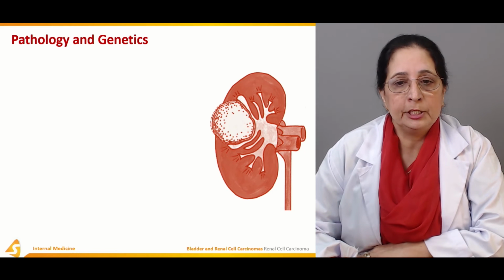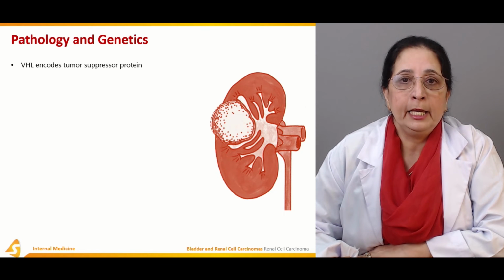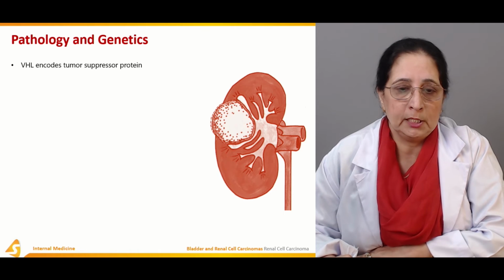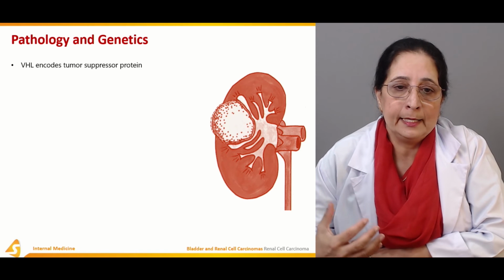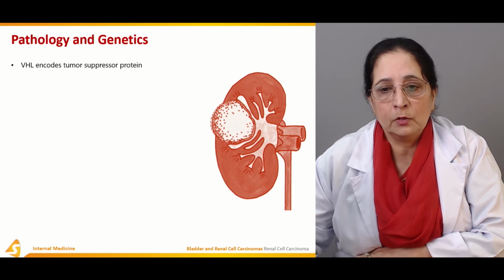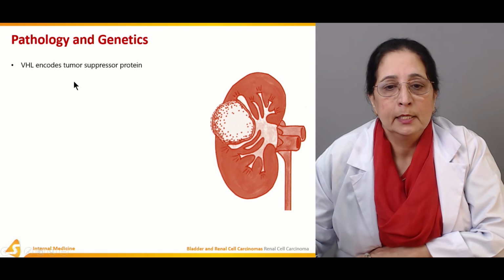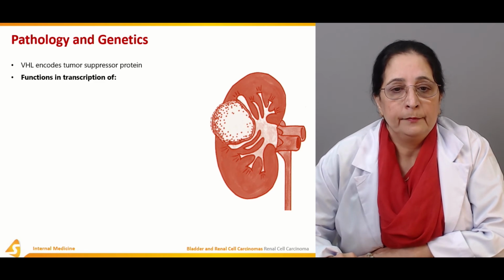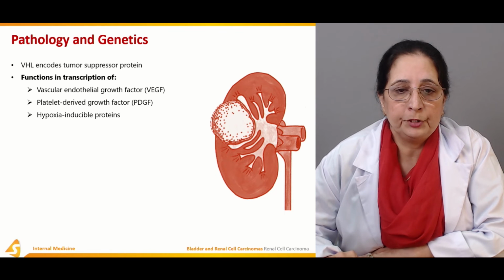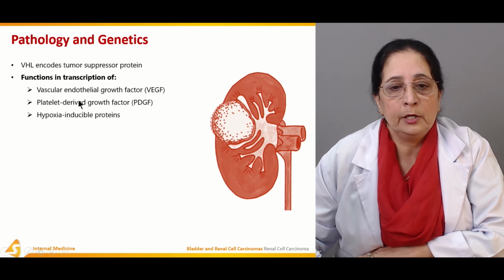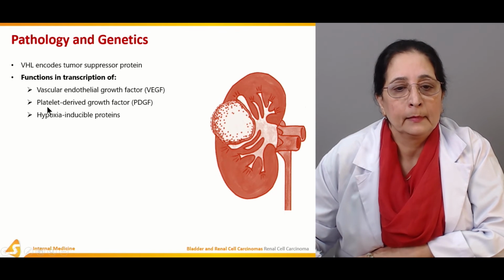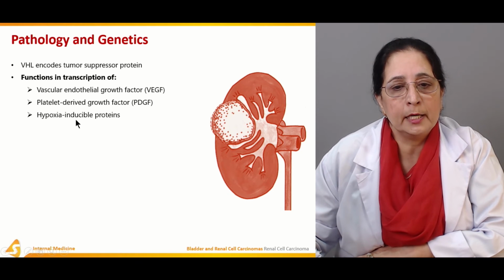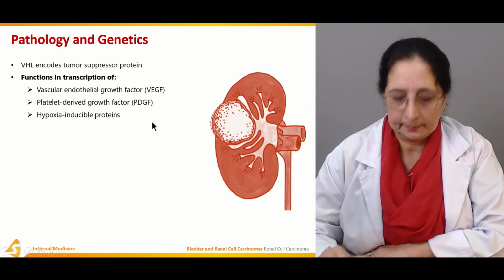Pathology and genetics. VHL encodes a tumor suppressor protein. Von Hippel-Lindau disease encodes tumor suppressor proteins, which function in the transcription of vascular endothelial growth factor, platelet-derived growth factor, and hypoxia-inducible proteins.